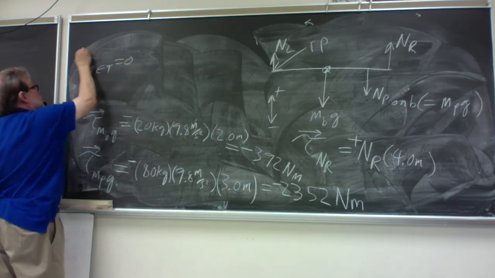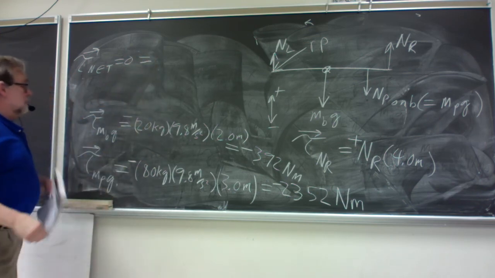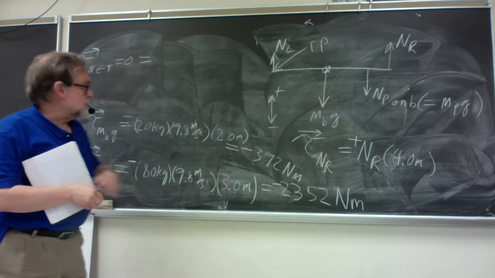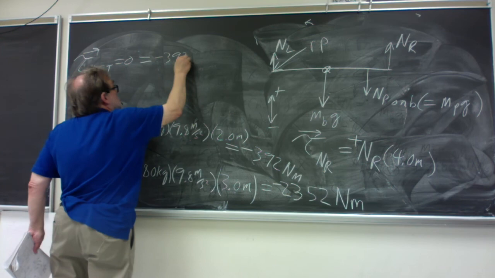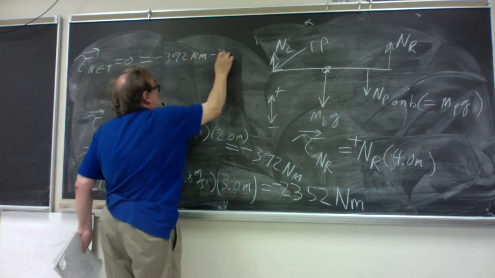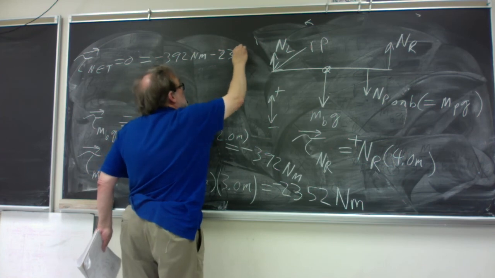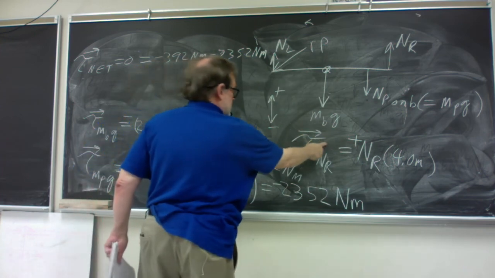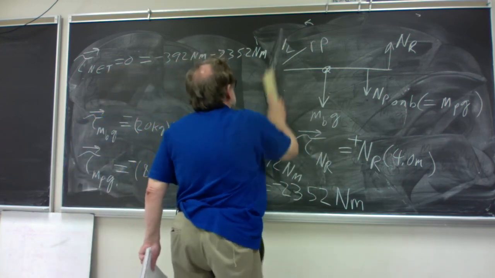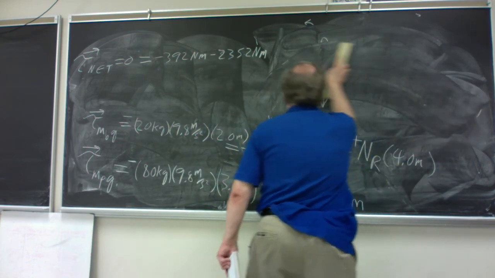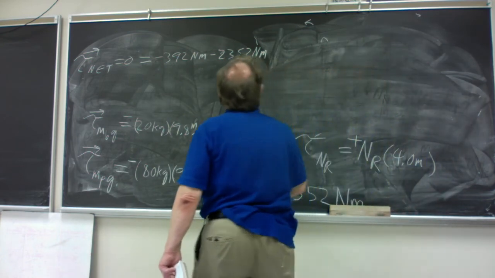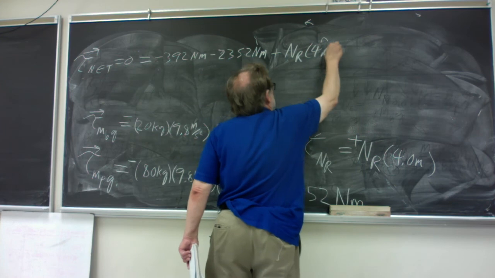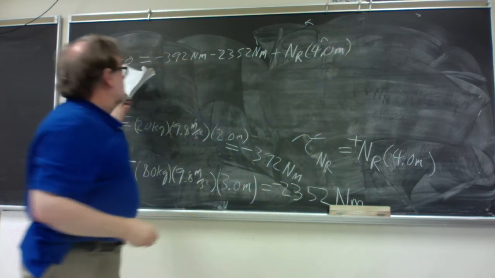Net torque, which is 0 because it's in equilibrium, equals the torque from this force, which was 0, plus these two torques, minus 392 newton meters minus 2,352 newton meters, plus that torque, plus force from the right times 4 meters. That's all equal to 0.